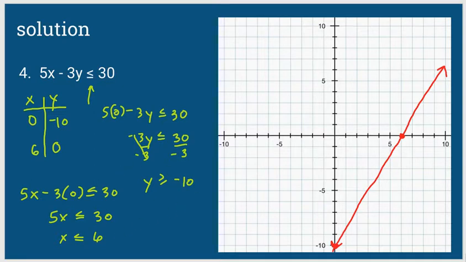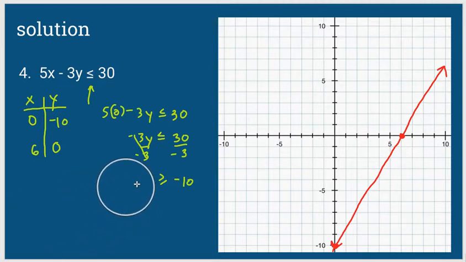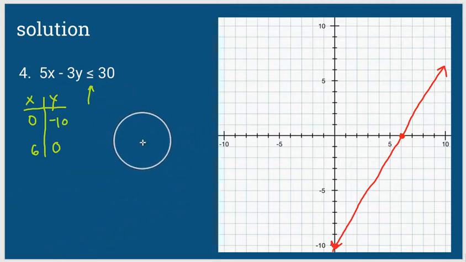So now I know where the line is. I've got a solid line because it's less than or equal to. I want to include all of the points that are on the line in my solution set. And then the last thing I need to do is figure out, just like in the other examples when we had slope-intercept form, which side of the line am I going to shade? So again, I'm going to pick a test point, and I'm going to test 0, 0.